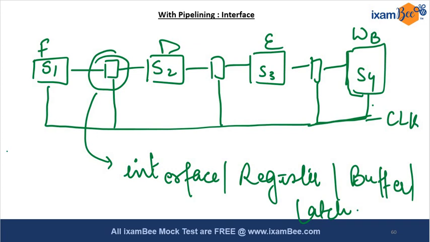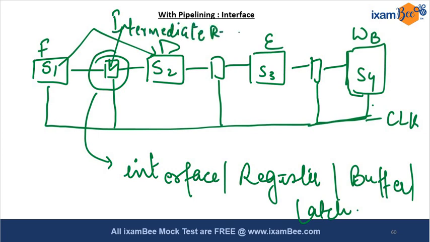To maintain sync between all these things, the clock is used, and to provide the results, we have interfaces. When S1 completes and the instruction goes to S2, this interface will store the intermediate result, which is going to be transmitted to the next stage. This is our case with pipelining interfaces.